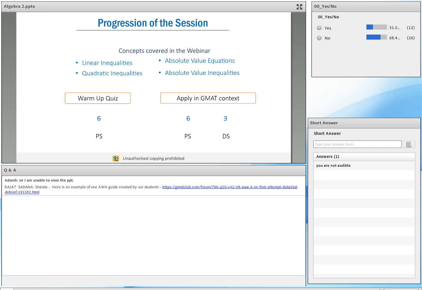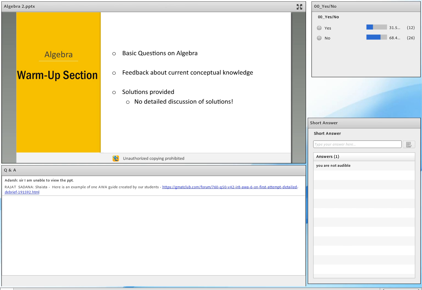Let's get going with the warm-up section. These are basic questions, and the whole intent of this part is to give you feedback on your current conceptual knowledge. I'm not going to be discussing solutions in detail for these questions, because they are very basic.